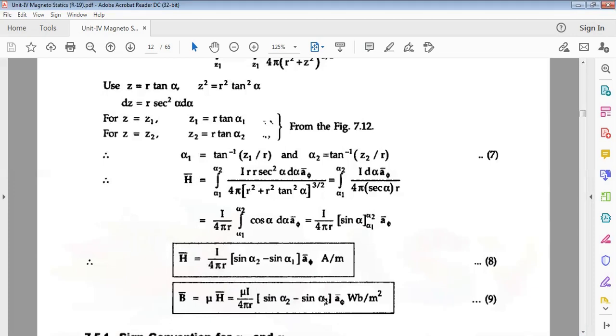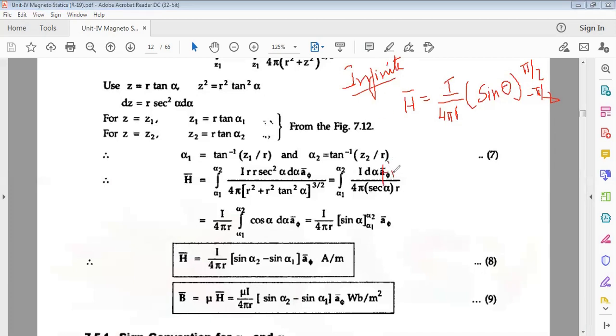The only difference is previously we got H bar is equal to I by 4 pi R, sin theta from minus pi by 2 to pi by 2, as it is an infinitely long straight conductor.